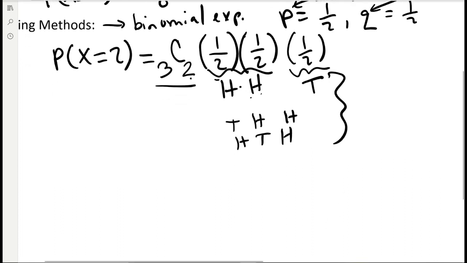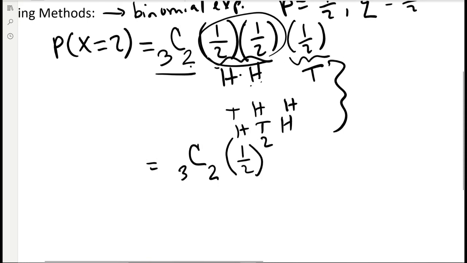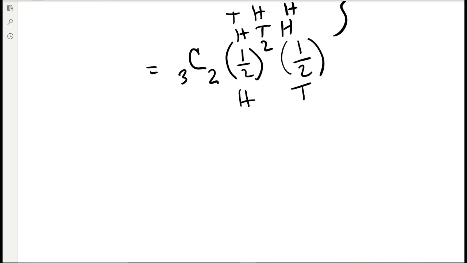So now that we got the idea of the combination, so it's 3 coin tosses and you want 2 heads. Now we're going to rewrite this as 1/2 to the 2nd power, because that's for the heads. And then we're going to write the tails as just 1/2. So this is for heads, this is for tails. 2 heads, 1 tails. And so this is going to be my probability that x equals 2. So now this is my formula right here.